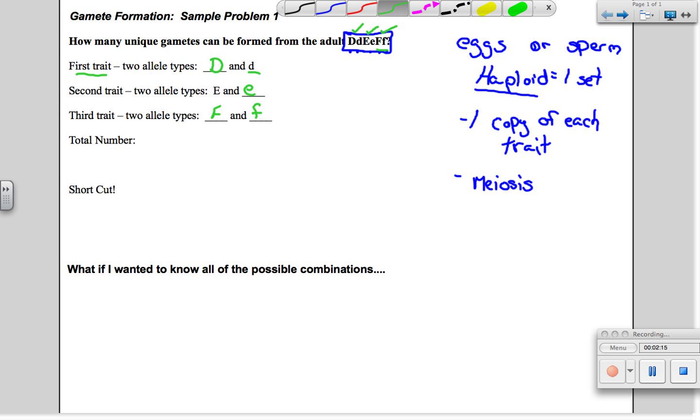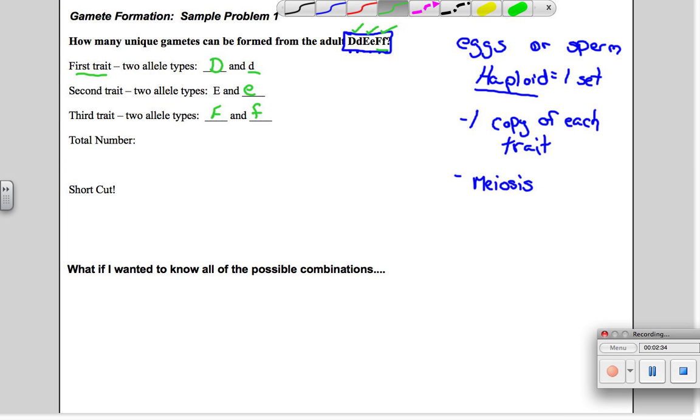Now, if I want to figure out how many total different combinations I can have, there's a few different ways to do this. First of all, if I just want a number of different combinations, the easiest way is the following.